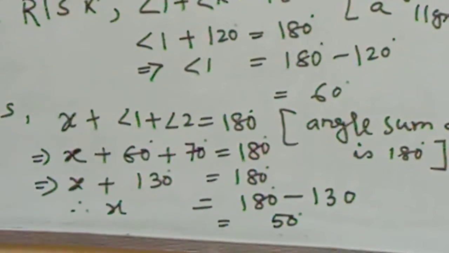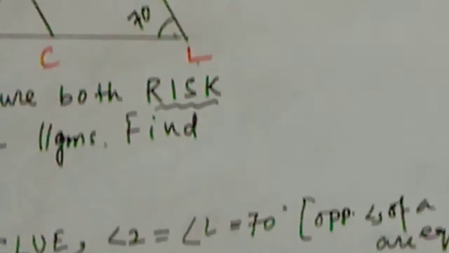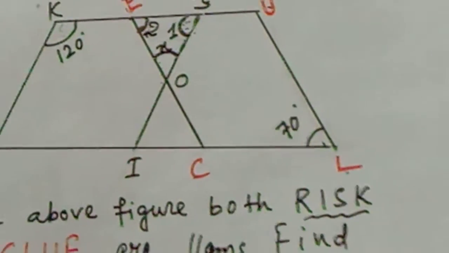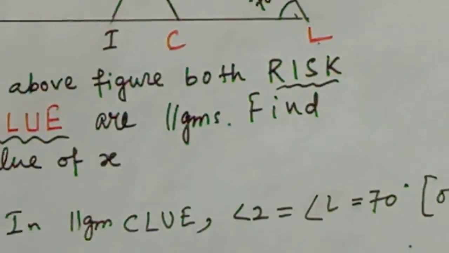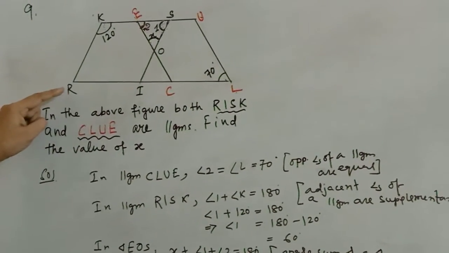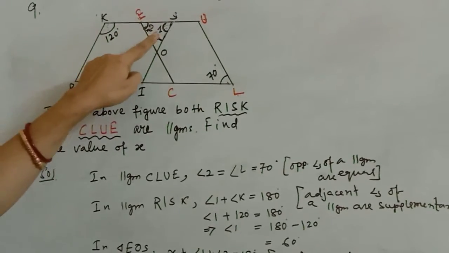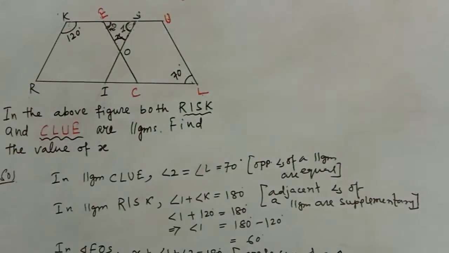Understood? In this way, by using the angle sum property, you can find the value of angle x. Now look at the sum clearly. First of all, you have to use the parallelogram RISK to find the value of angle 1.